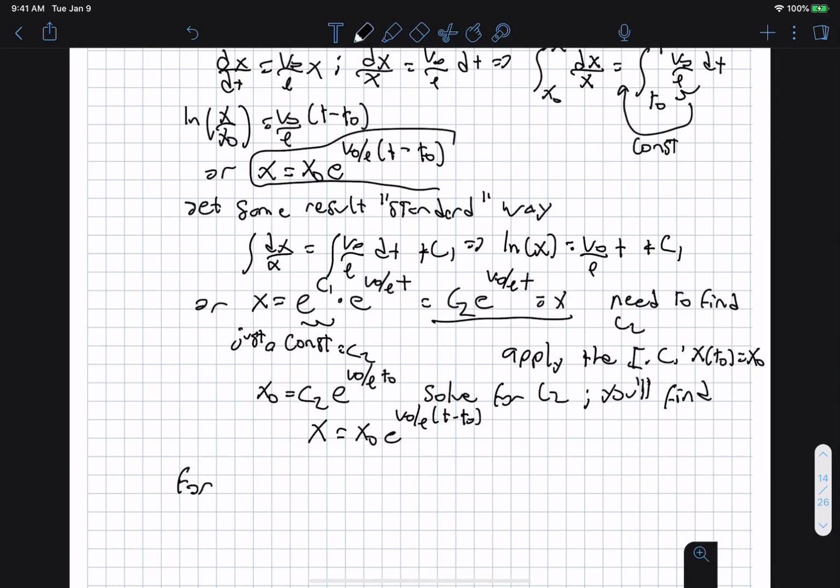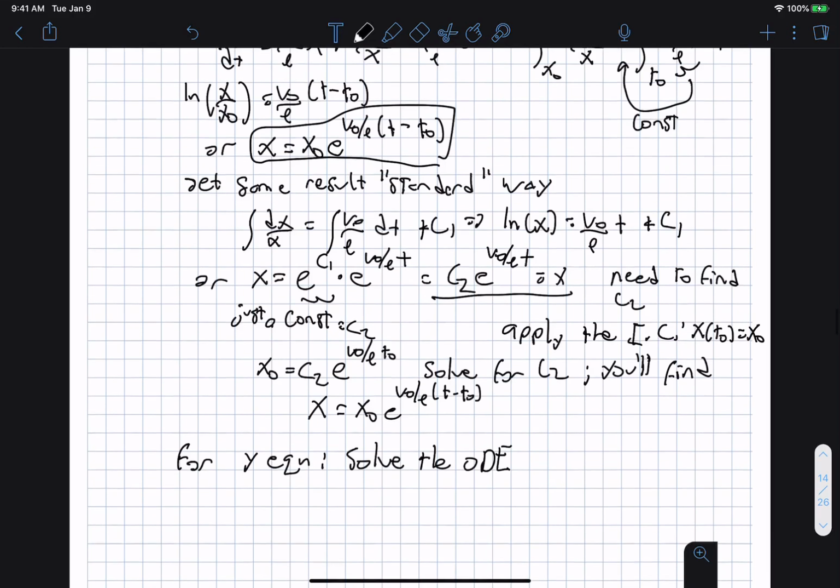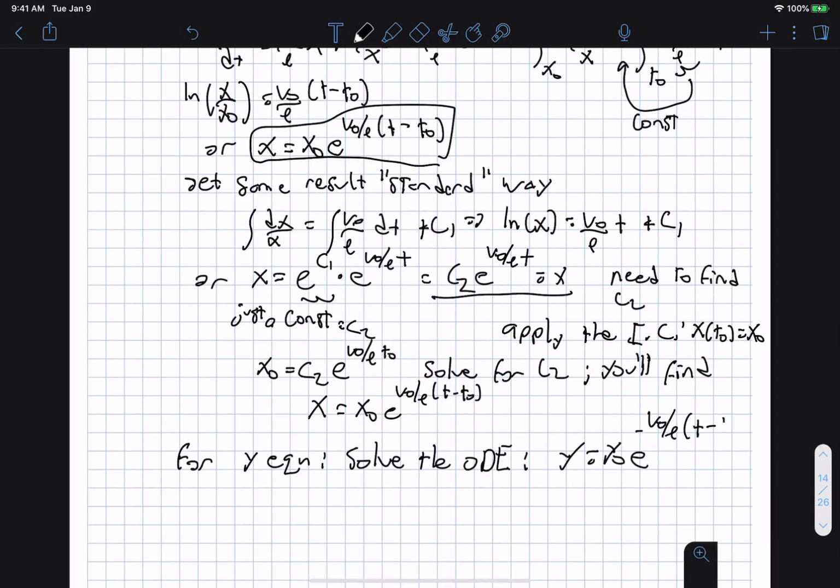So we have our generic x equation here. For the y equation, we solve the ODE, and we have y equals y naught e to the minus v naught over L times t minus t naught. I'm not going to go through it in detail.